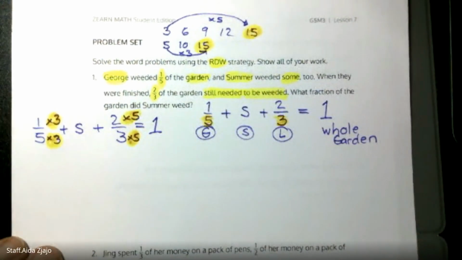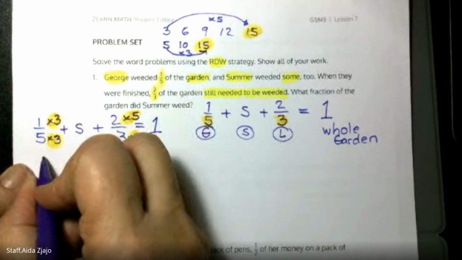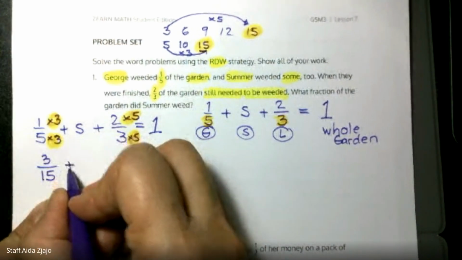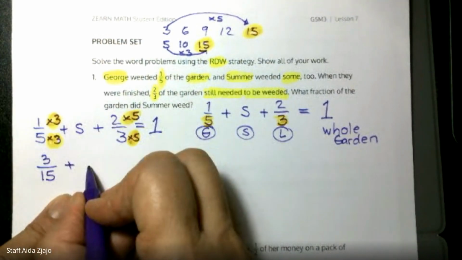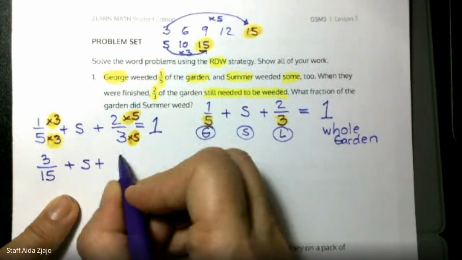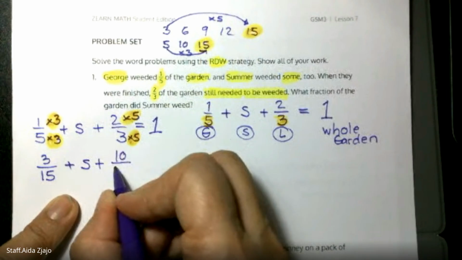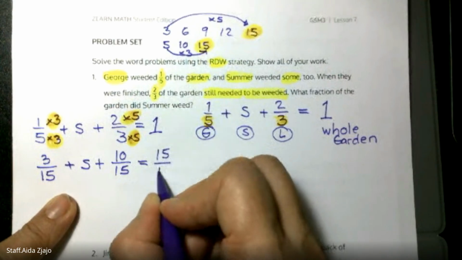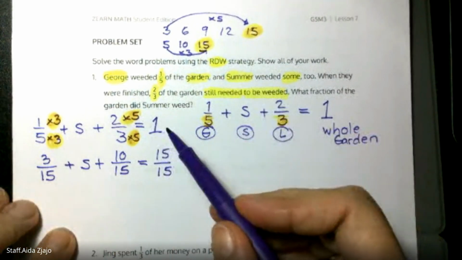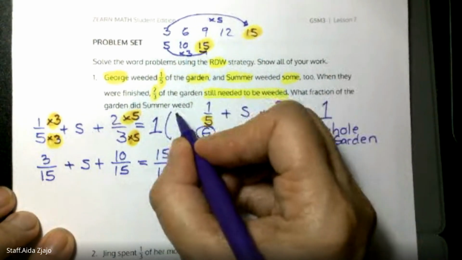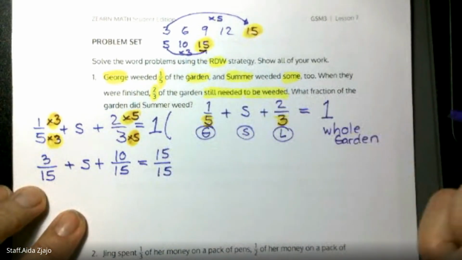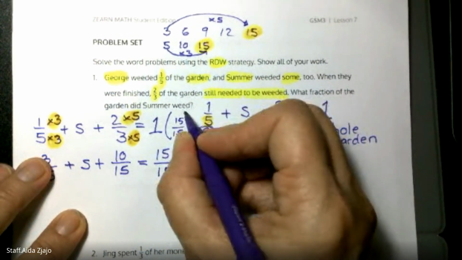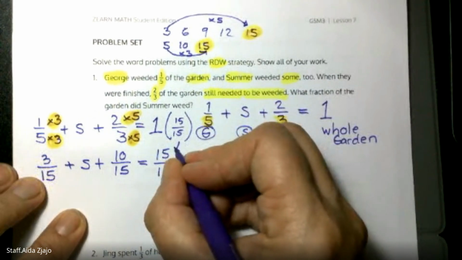So when we say that, 1/5 will be the same as 3/15, plus some 15ths, we don't know how many, and 10/15, must equal 15/15, because one whole is the same as 15/15. So 15/15 is the whole. Okay.